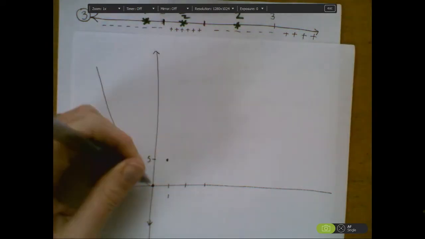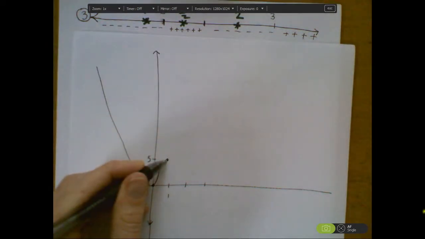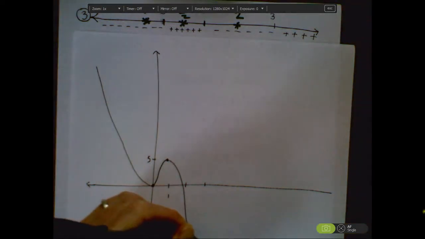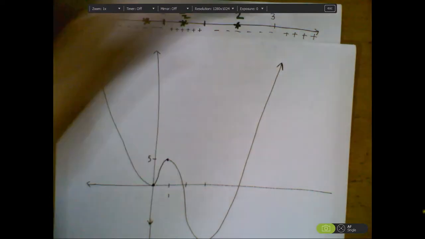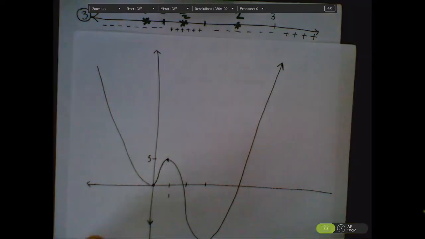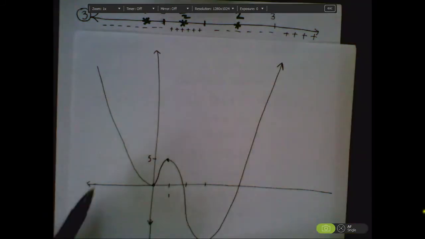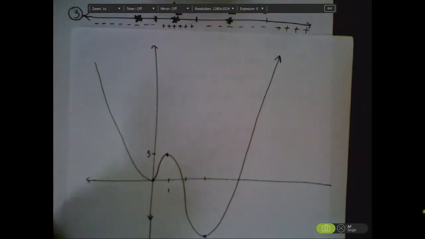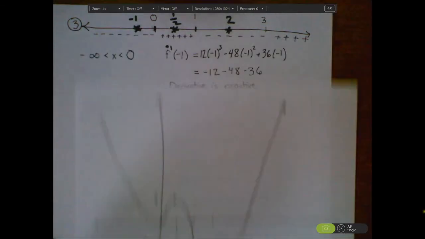Then it's sloping upwards briefly until it slopes downwards again as it approaches x equals 3, at which point it slopes up again. So these points and the derivative being negative, positive is enough information for us to be able to sketch a graph of the function. And this is representative of 3 being down here at negative 27, right?